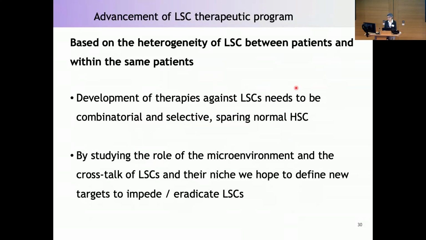But by understanding normal and leukemic stem cells both intrinsically and by developing our knowledge of the environment, the crosstalk between leukemic cells, the niche and normal stem cells, we hope that with these different angles, we will be able to target the leukemic stem cells more specifically in the years to come and hopefully make a huge impact on patient survival.